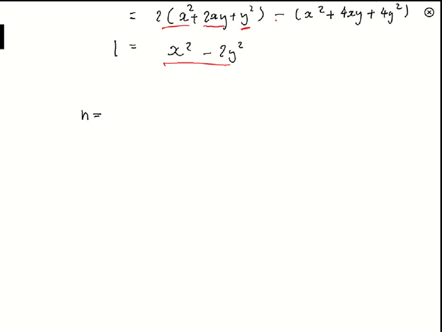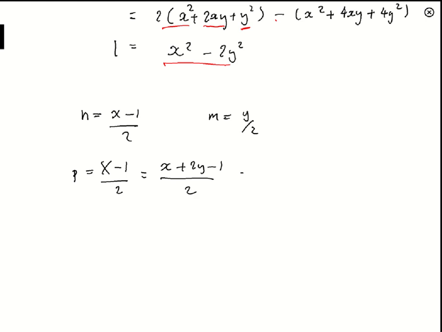So remember n was x over 2 and m was y over 2. Now p, which is the double triangles problem, is that times 1 over 2, which, according to the transformation, was x plus 2y minus 1 over 2. And I'm going to write it like this.